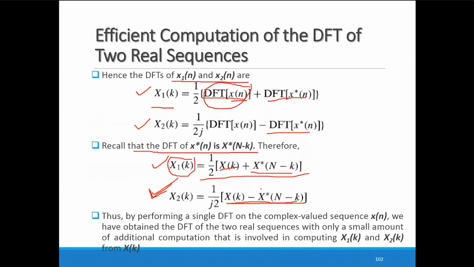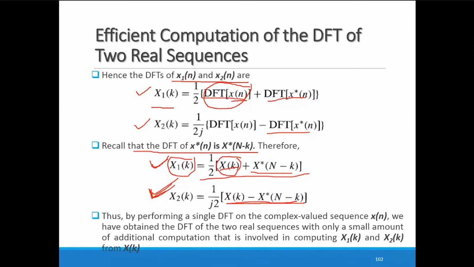So you can say that we can calculate the DFT of two real sequences x1(n) and x2(n) with the same calculation but with a small amount of additional computation. We obtain their separate DFTs X1(k) and X2(k) by calculating the DFT of x(n) only.